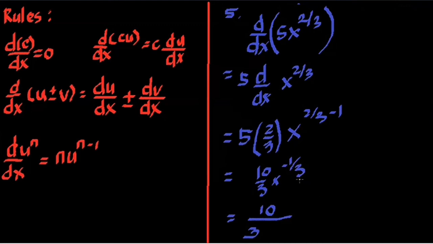So that would be x exponent 1/3 if it is brought down, and if expressed in a cube root, this would look like this. So we have the final answer, 10 over 3 cube root of x.